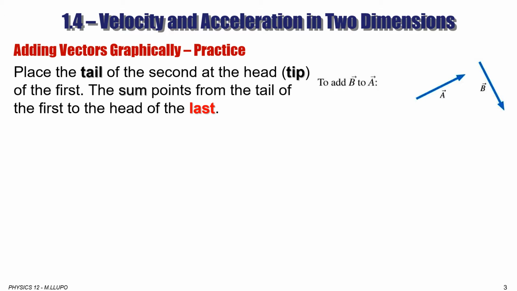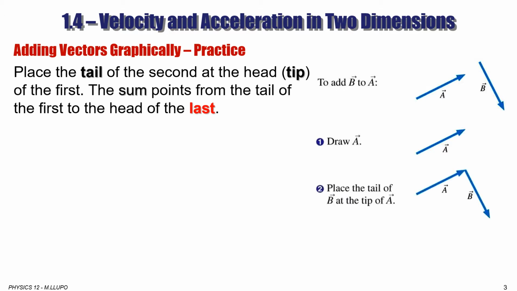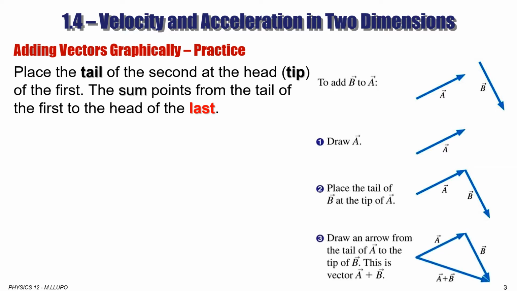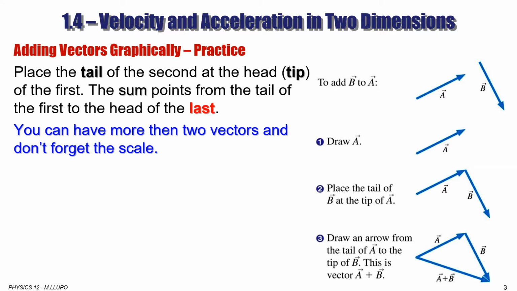You can leave the vector A where it is and move vector B parallel to itself to where the tip of the vector A is, and then join the tail of the vector A with the tip of the vector B. Remember, when we add vectors graphically, you can add more than two vectors. Another thing you need to remember is don't forget the scale. The scale is very important.